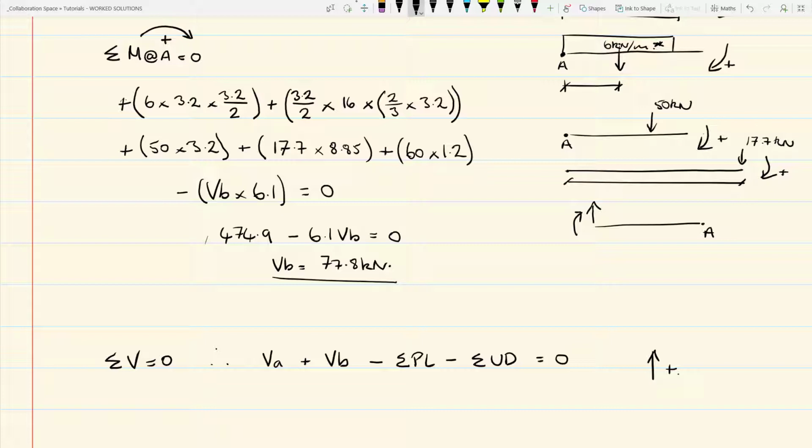So if we start putting some numbers into this, we've got VA, that is the unknown, that's what we're after at the moment, plus VB, we've calculated that already, 77.8. That is acting vertically up, so it's positive, minus the sum of the point loads. Now we have 2 point loads acting down, so therefore they would be negative. That's the 50 kilonewtons, so it's minus 50.